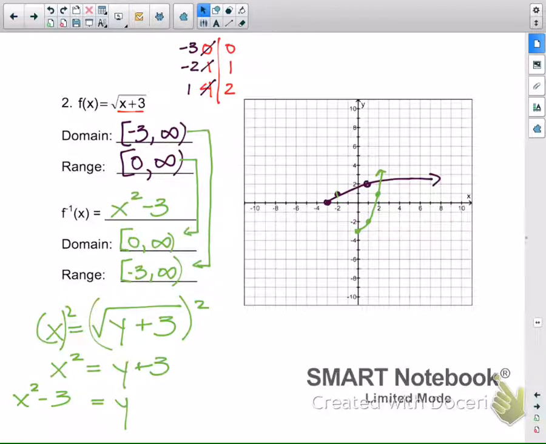So, if you read your domain and range correctly, you will then see that these are inverses of each other. You should see that they reflect across the line y equals x from each other. If you drew this right down the middle, notice this line always goes through their intersection point, and they flip across that line from each other.